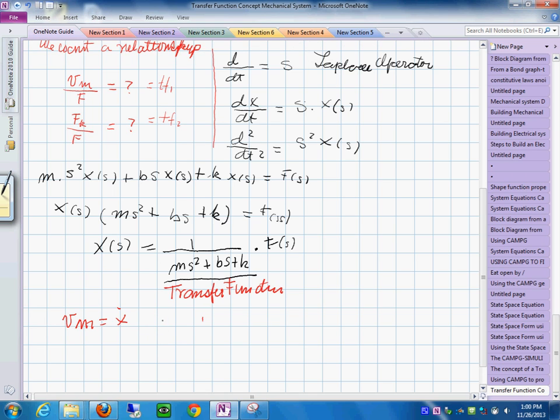If we transform in the Laplace domain, the velocity of the mass is going to be s times x of s. So if I know this expression and I know this, I should be able to find my transfer function.